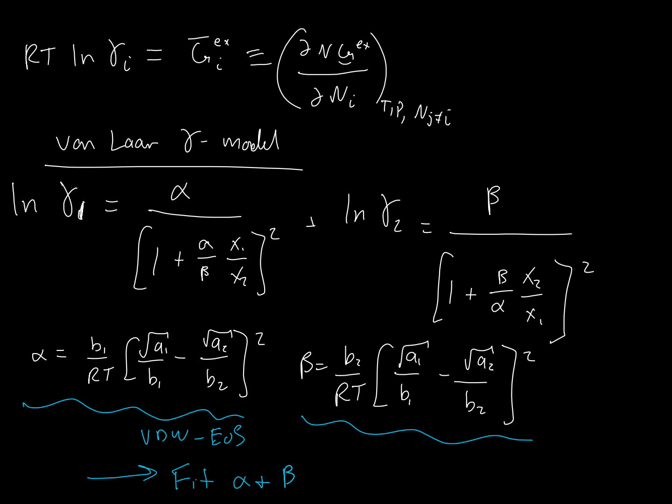Now, one other last concept that I wanted to get across before I run out of material is that we can actually improve this in one additional way. Instead of relying on the van der Waals equation of state to calculate these properties, we could use that form of the Van Laar equation to tune everything at the end.